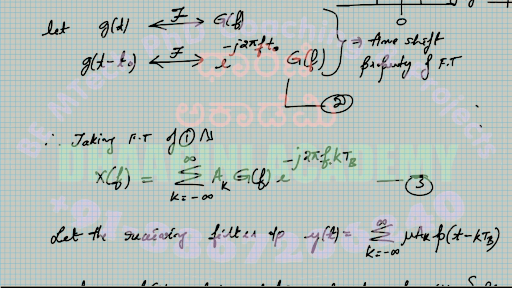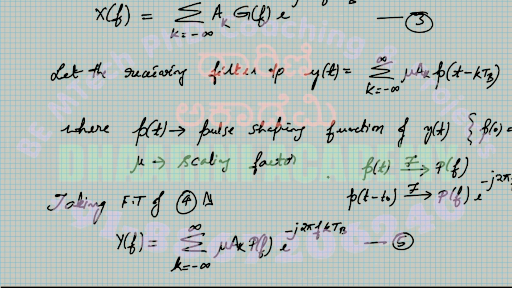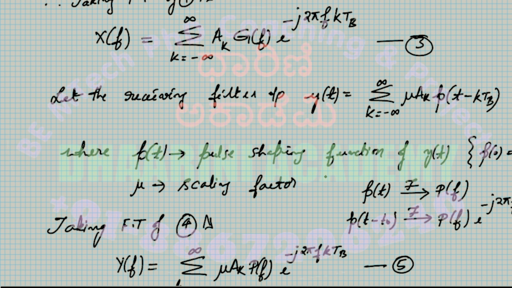It passes through the transmitting filter, the channel, and the receiving filter and comes out as y of t. Now the pulse will be retained even on the output side, but it may not be the same pulse. The pulse may get changed.